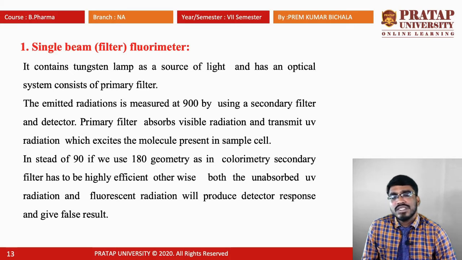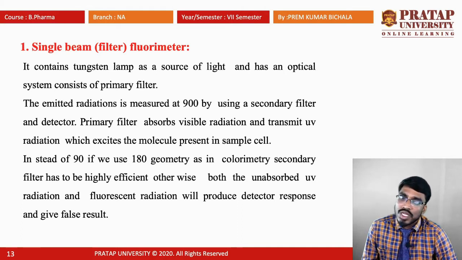The emitted radiation is measured at 900 nanometers by using secondary filters and detectors. Generally, primary filters absorb visible radiation and transmit UV radiation, which excites the molecules present in the sample cells. Here, the primary filter majorly absorbs visible radiation. Why? Because this tungsten lamp should give only visible range radiation.